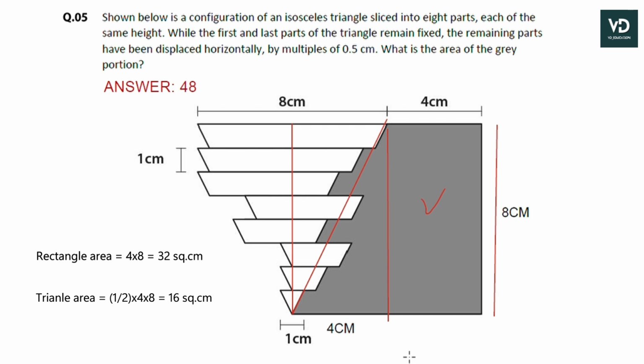Okay, so we can calculate rectangle area here with dimension of 4 centimeter cross 8 centimeter will be 32 square centimeter. Okay, and triangle with 1/2 cross 4 cross height of the 8 centimeter, and the area will be 16 centimeter square. Okay, and after calculating both shaded area, answer will be 48 centimeter square.